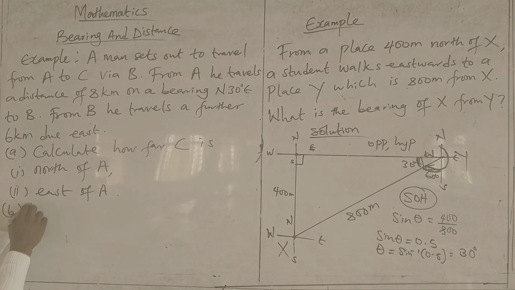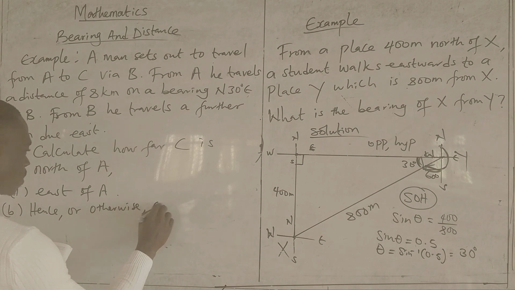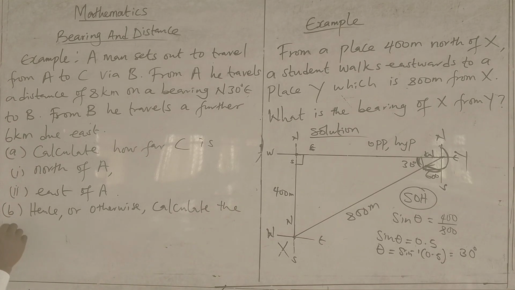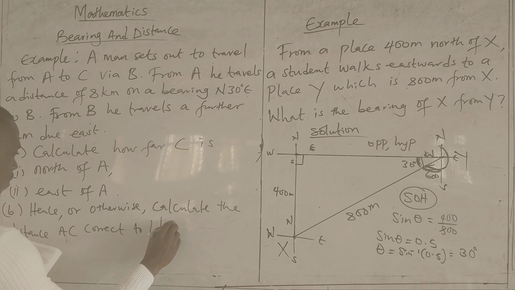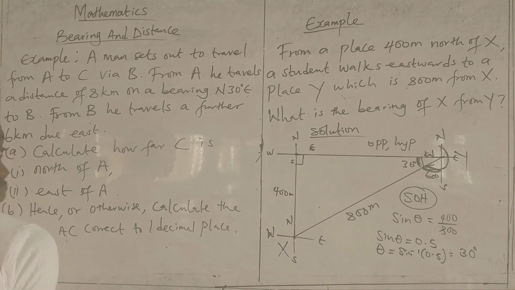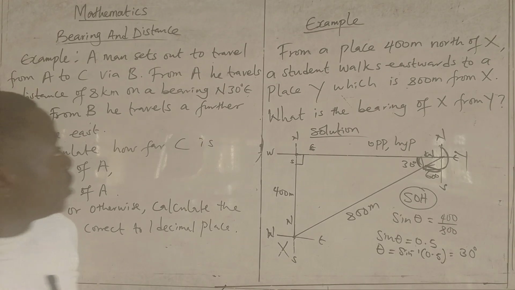Question B: and or otherwise, calculate the distance AC correct to 1 decimal place. So that's the question, right? So how do we handle this?